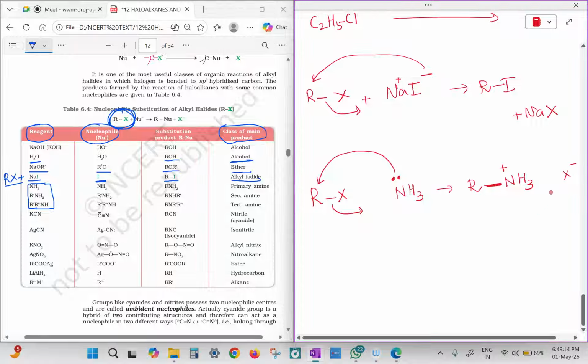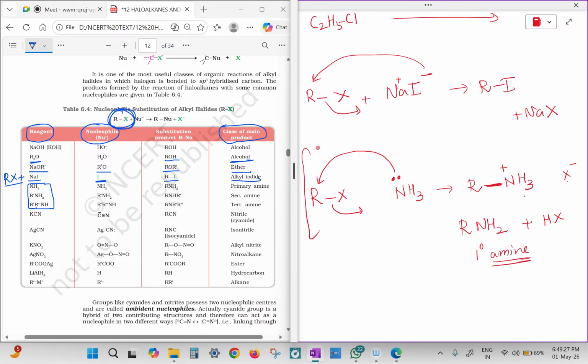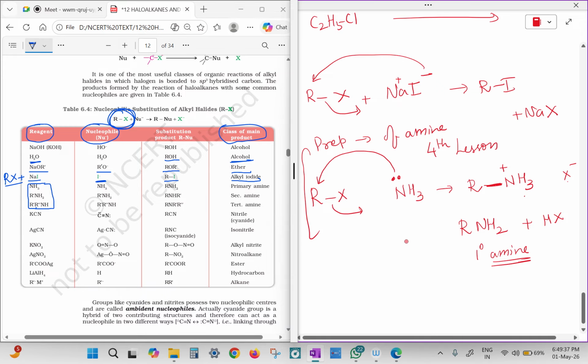Same way, X minus will come, take a proton and will become RNH2 plus HX. So you get a primary amine. Is that okay, children? This reaction is there in the preparation of amines, that is in the fourth lesson. Is it clear?